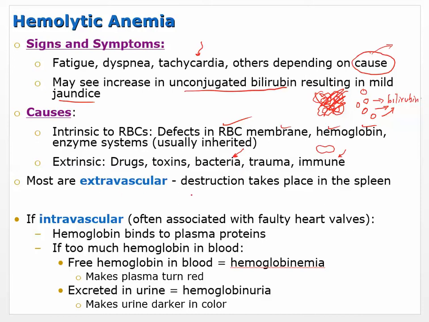All right, so most are extravascular, and destruction takes place in the spleen. So that means usually when you have hemolysis, or breakdown of these blood cells, in the spleen the vessels just kind of get smaller and smaller and tighter until they just stop being there.